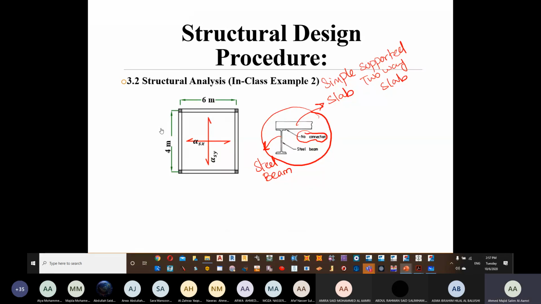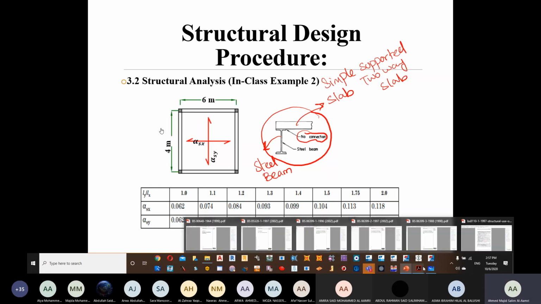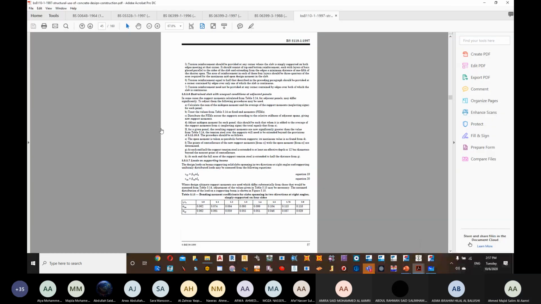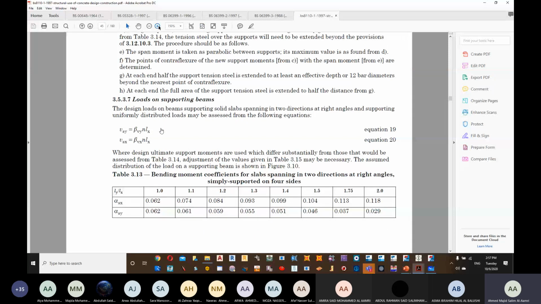Now, the code. If you go to the code, okay, Bushra, no problem. If it's not clear, I'll explain for you later. So if you go to the code, we have bending moment for both cases. This is the BS code that you are going to use.